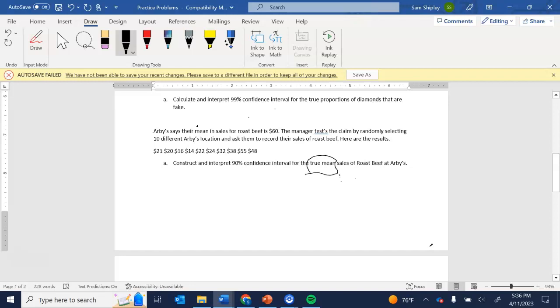Okay, so the first thing we have to do is our checks. First check we need to do is to make sure it is a one sample t interval for u, and it is just one sample. And then the second one is if it's a random sample, and it is because looking at the question, randomly selected, so I'll let you know it's a random sample of 10 different Arby's locations.